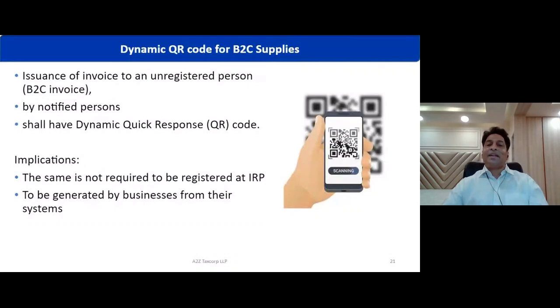You can write in the chat box: they have to route through IRP for B2C supply, or without IRP, which means they can create their QR code from their own accounting, billing, and ERP software. Let me see the chat box. Please answer me. Through IRP or without IRP?